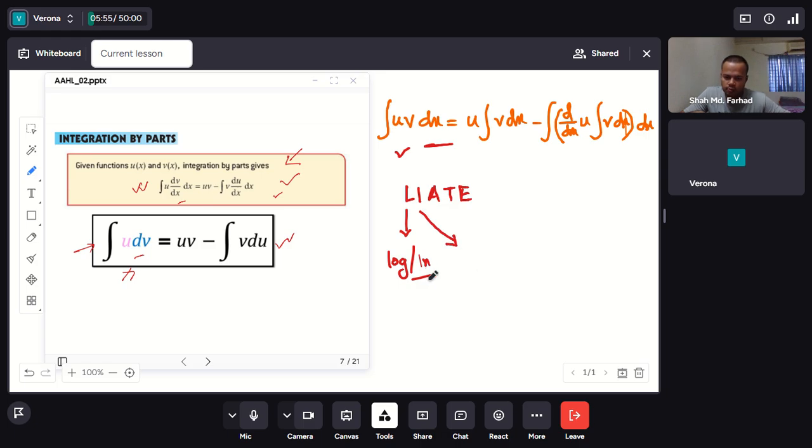And I is for inverse trigonometric function. These are like cos inverse x, or you can write it as arc cosine, right?